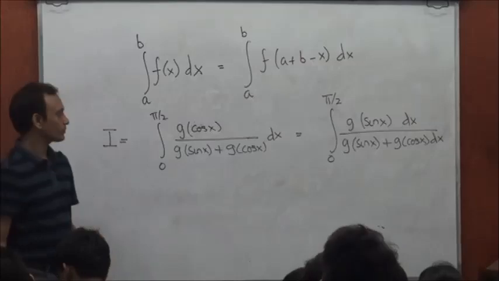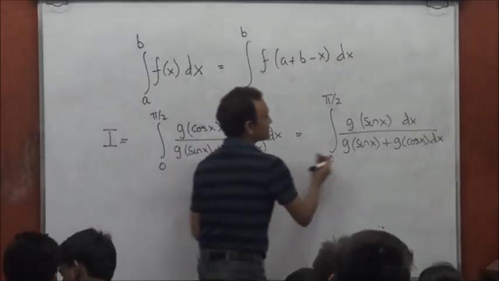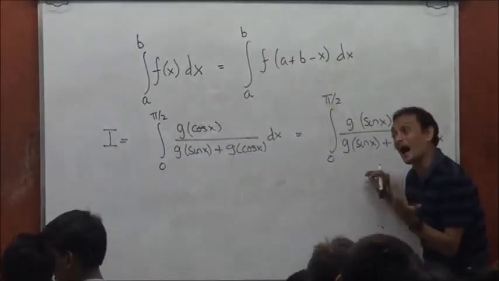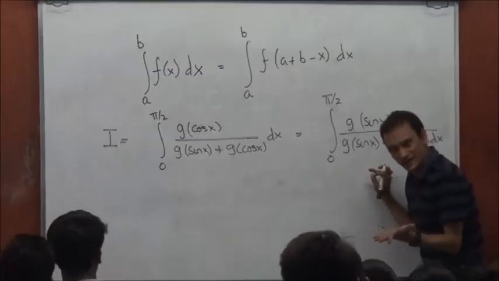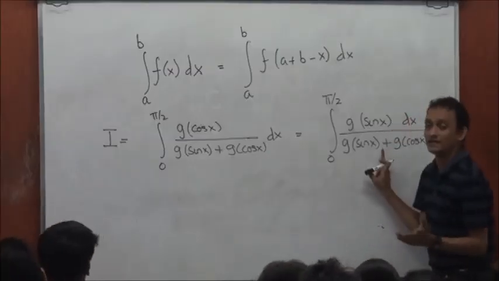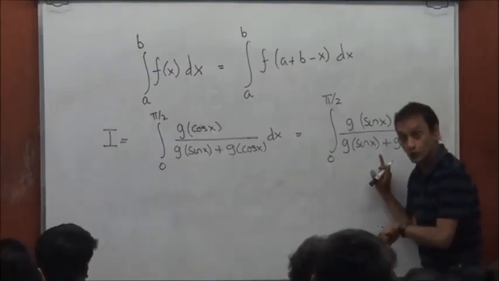Yes or no? So, if this equals this, then each would be half their sum. If A equals B, then each would be A plus B by 2. Right?